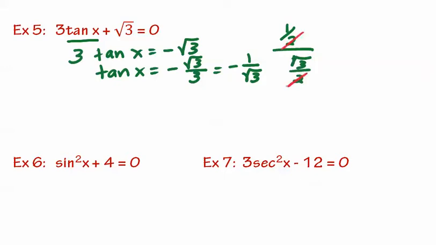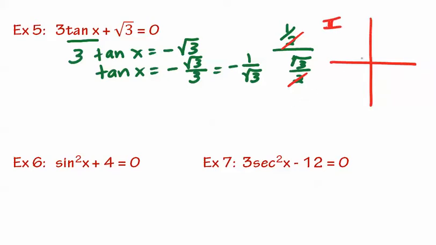So do you recognize this as a triangle where the vertical leg is the short leg and the horizontal leg is the long leg? Notice that we want tangent to be negative, so let's think about what quadrants we must be in.